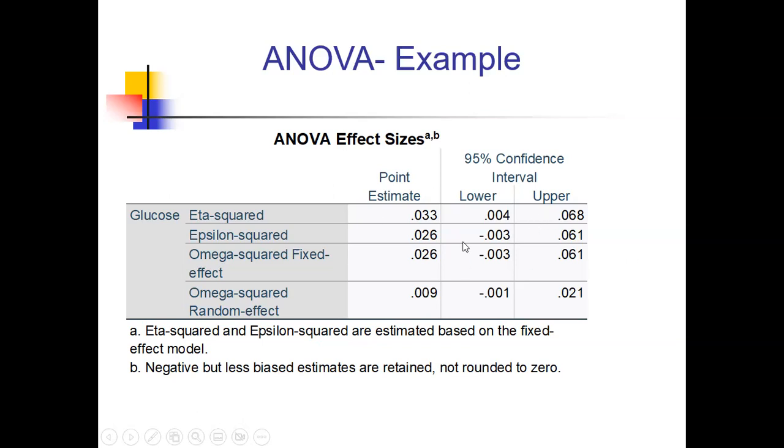The effect size is simply telling us a similar thing as R squared told us in regression last class, if you remember how we explained R squared. The effect size is telling us the percentage of variation in the dependent variable that is explained by the independent variable. So I'm going to write that in words.